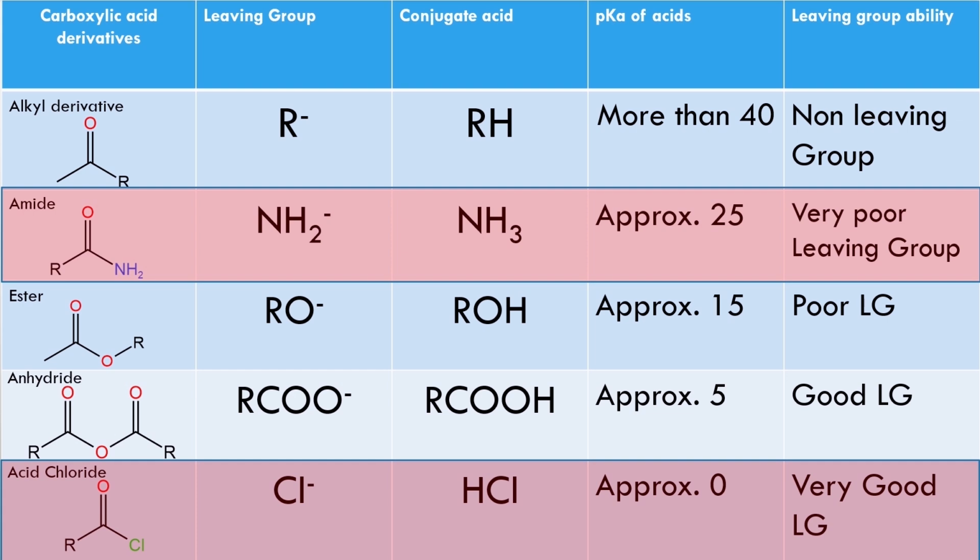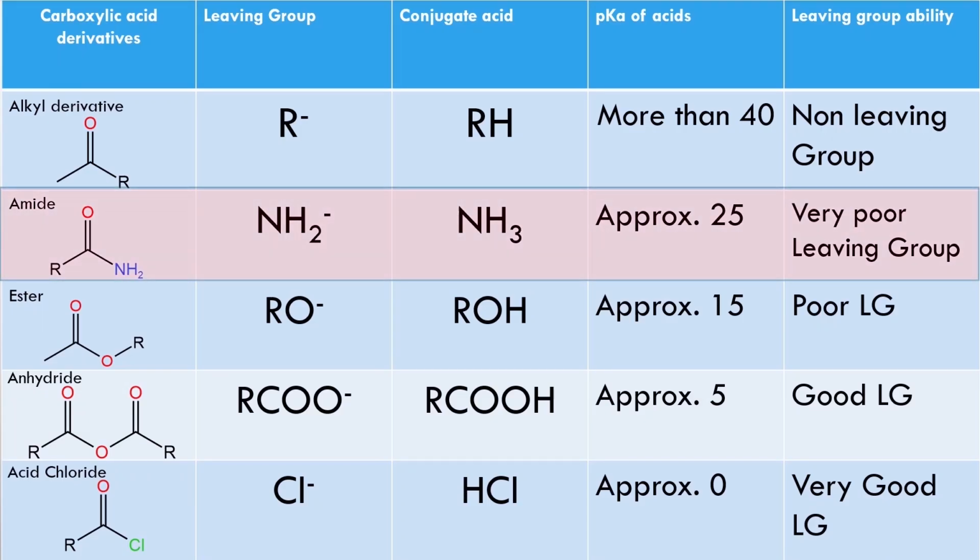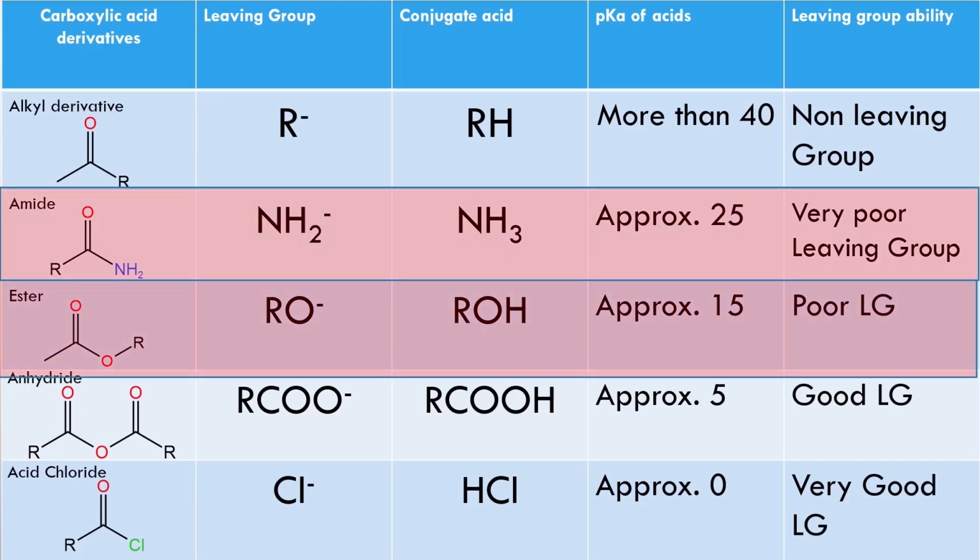Let's take one more example to make it clearer. This time take an ester. Now if an amine attacks the ester, what will be the product? The answer is amide, because the conjugate acid of OMe- is MeOH, which is methanol, which is more acidic than the NH3 amine. So the leaving group will be OMe-.